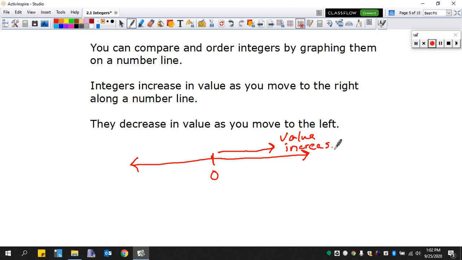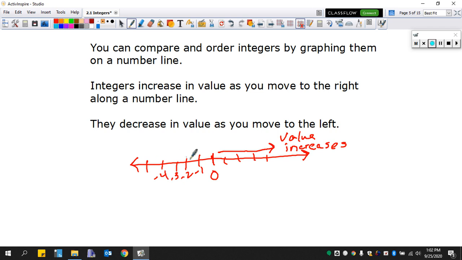All right? So we all know that 2 is larger than 1. We know that 3 is larger than 2, and so on. Where that comes into play, though, is if we're talking about negative numbers. So we have -1, -2, -3, -4.